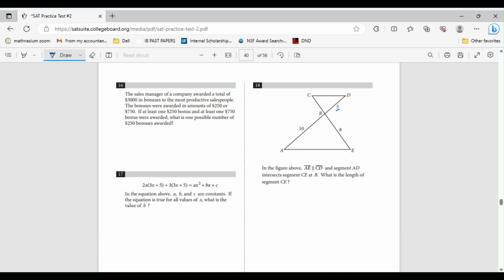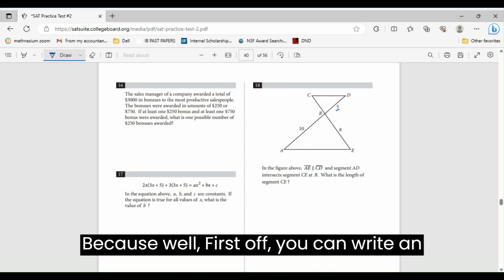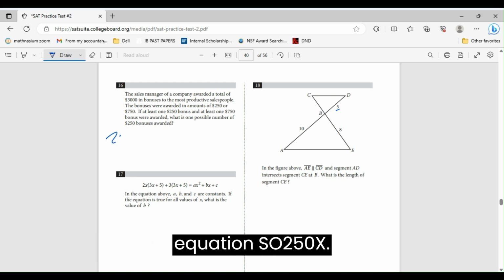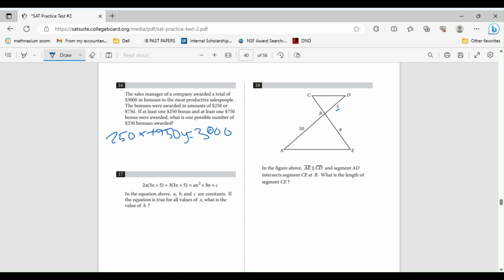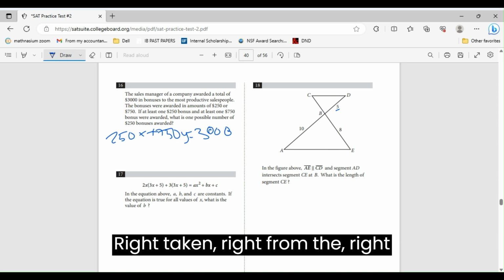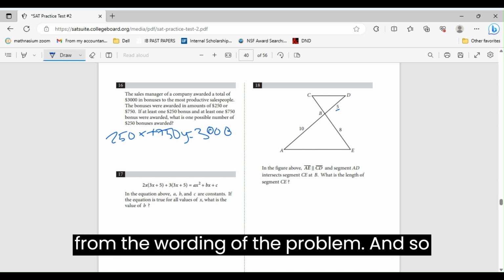And so, first off, we can write an equation. So 250x plus 750y equals $3,000. Right? Taken right from the wording of the problem.